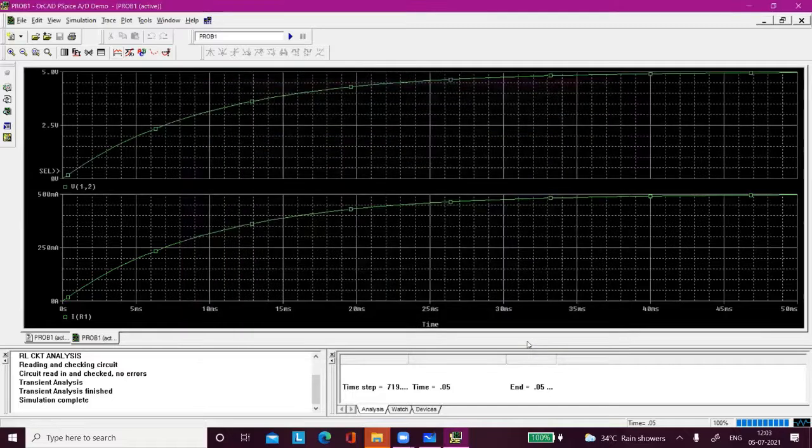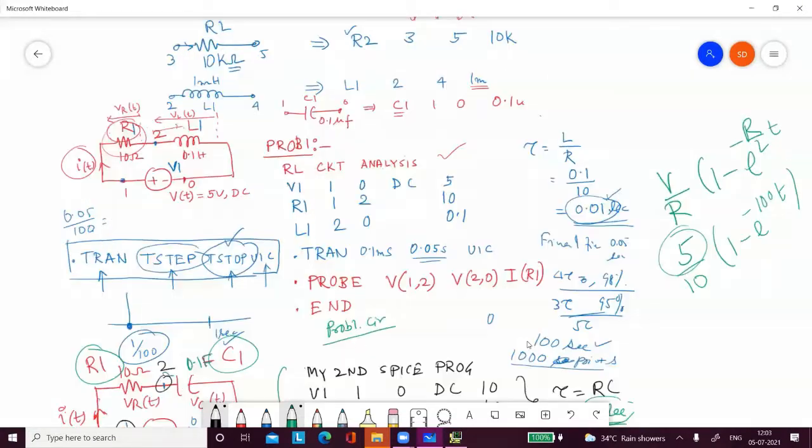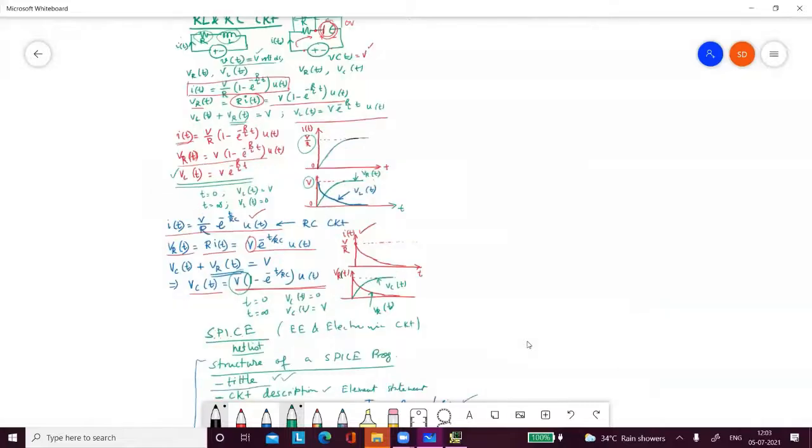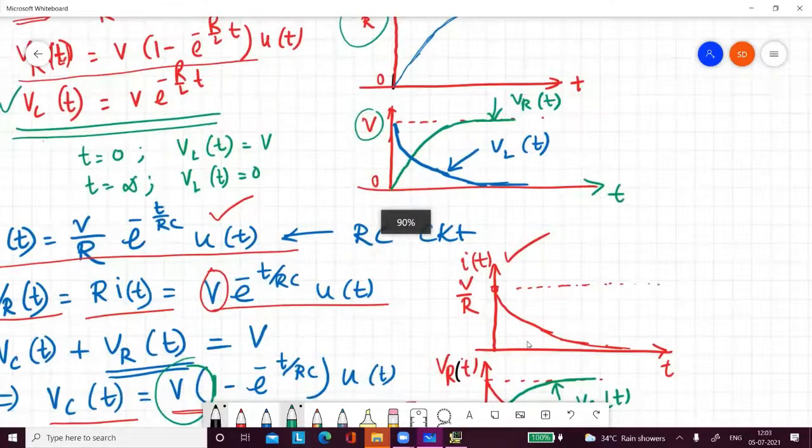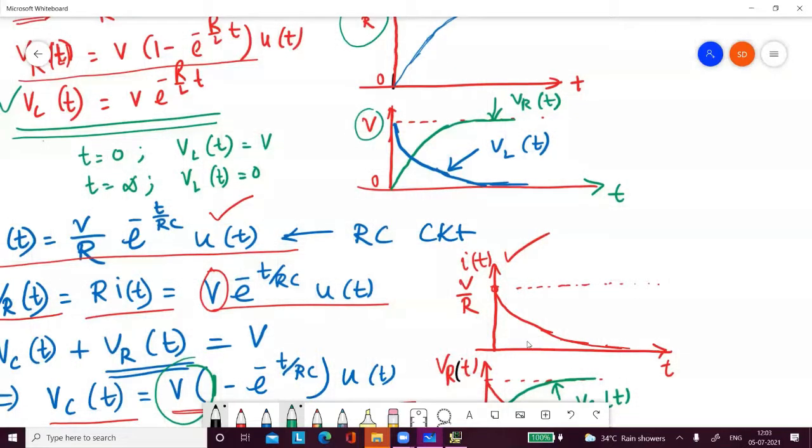So this is the voltage across the resistance. What will be the nature of the voltage across the resistance? We have already discussed it. The green one is the voltage. This will be the nature of the voltage across the resistance.